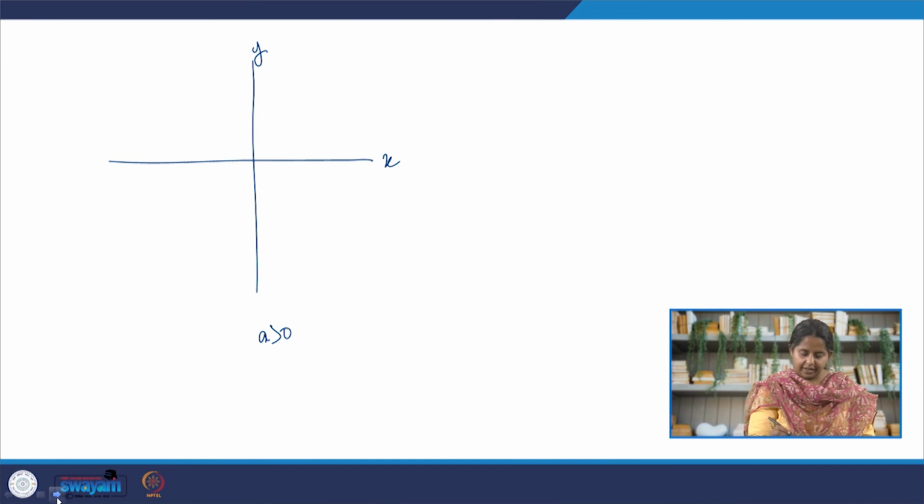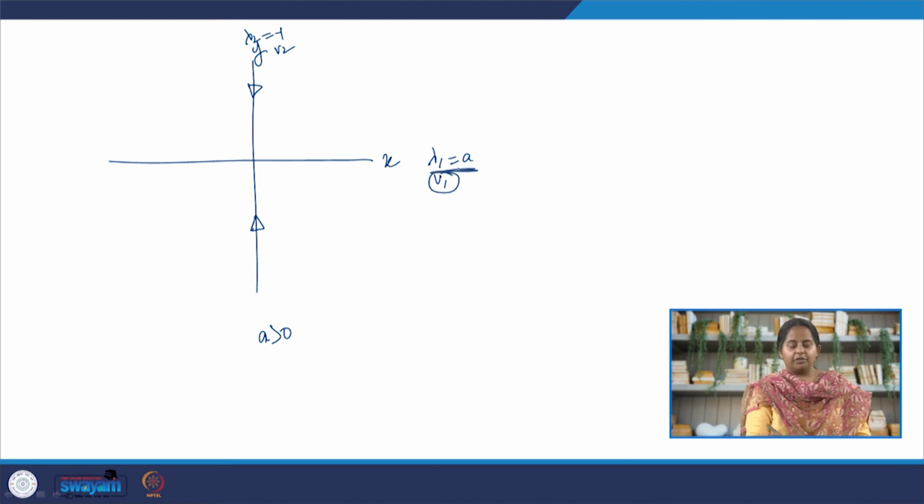So lambda 1 is A, lambda 2 is -1, corresponding to eigenvector 1 and eigenvector 2. Now notice, in the direction corresponding to eigenvector V2, we are still seeing a decay. So the movement will be towards the fixed point 0, 0. In the direction corresponding to eigenvector V1, the eigenvalue is now a positive number, A is positive. So we will see growth instead of decay.